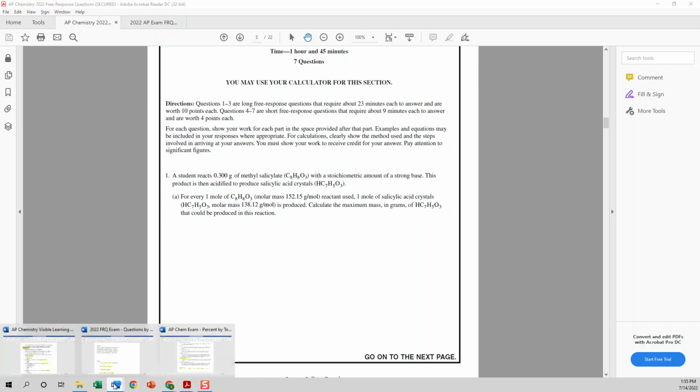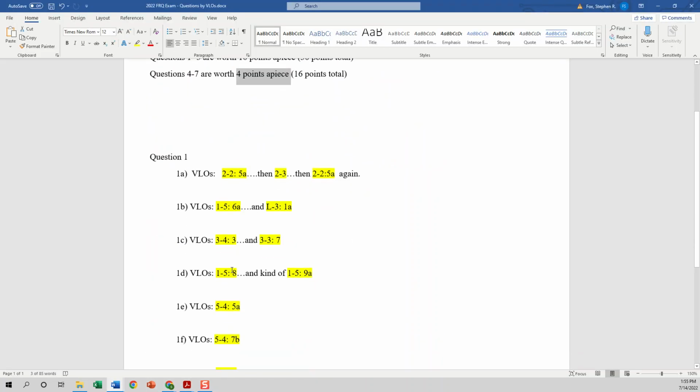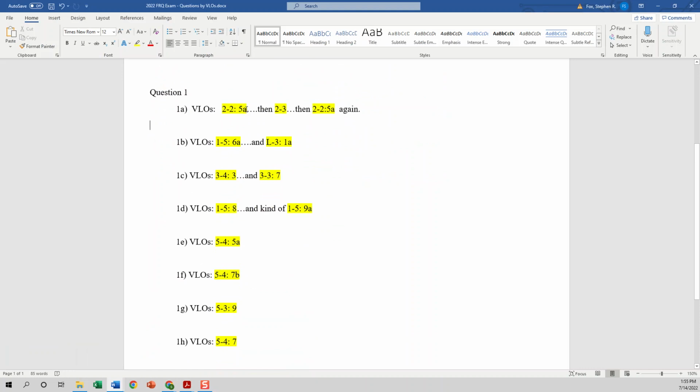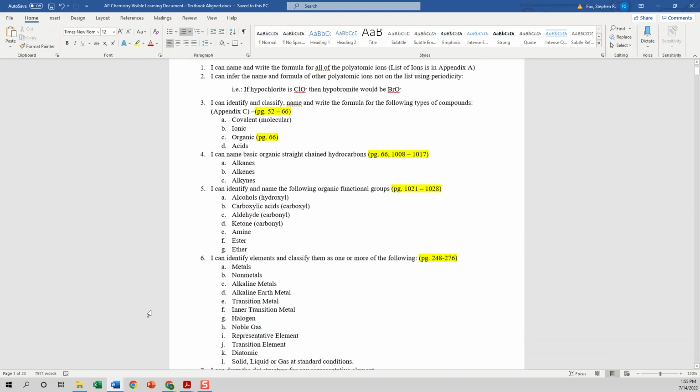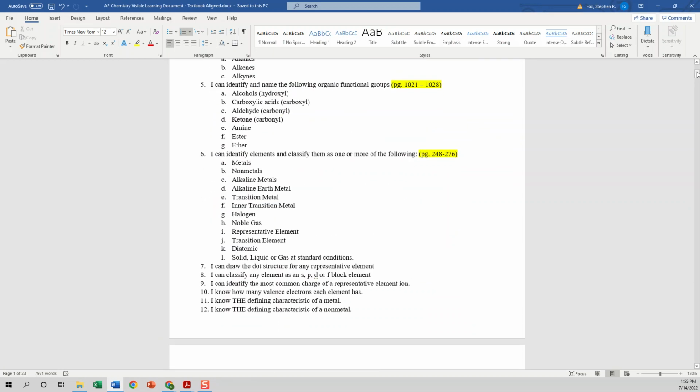So I broke it down here on this document. So question 1, part A, really has 3 VLOs in mind. And notice 2 of them are the same one, right? So it says 2-25A, 2-3, and 2-25A again, all right? So this is what we need to know for question 1. So let's go find those on our visible learning document. So we're in Unit 2.